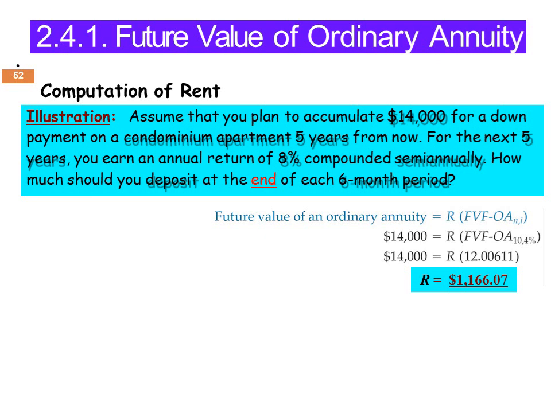Then our factor is 12.00611. Then we are going to find R. Our R is equal to 14,000 divided by 12.0061, so R is 1,166.07. This is our R.